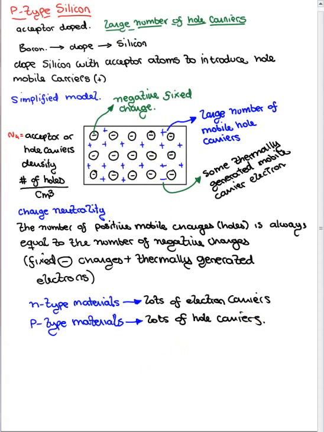Okay, so now we'll talk briefly about the two mechanisms with which you can make carriers move around the silicon, the mechanisms for carrier motion.